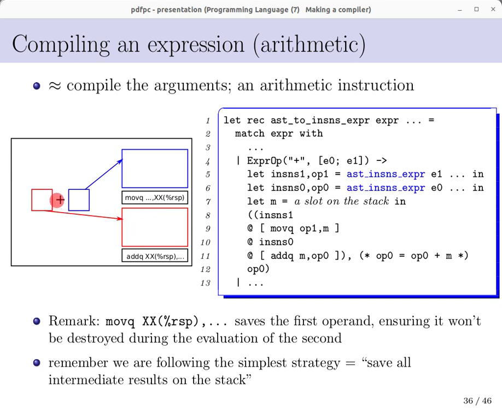And then because this is an addition expression, you add these two results together. So just recall that we are following the simplest strategy of saving all intermediate results on the stack. So we are not trying to optimize things in any way by trying to keep the results of this expression on the register while you are evaluating the first expression.